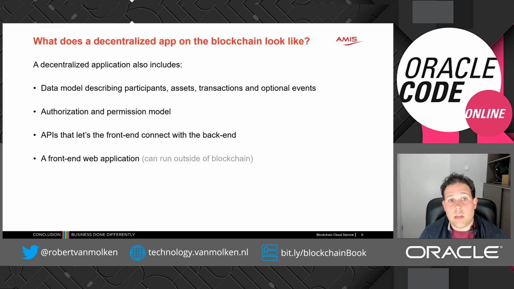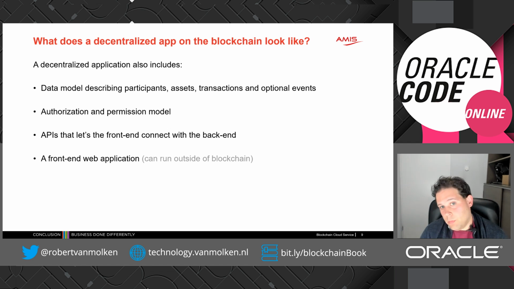Besides that, a decentralized application also includes, I think one of the most important things, the data model, and that describes the participants, assets, transactions and optional events. Participants can be network participants, but in the case of a decentralized application, like the smart contract, it describes the users within the application itself. Basically, with this we can define role-based access and maybe even set up some access control list on certain functions of a smart contract.